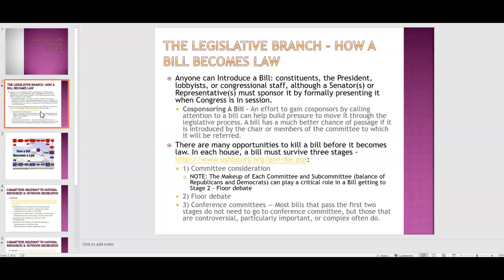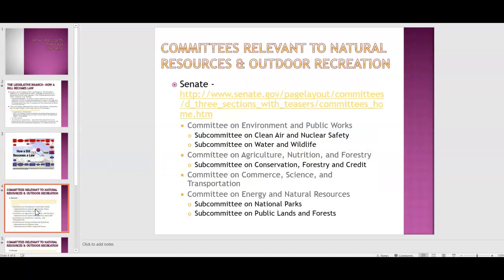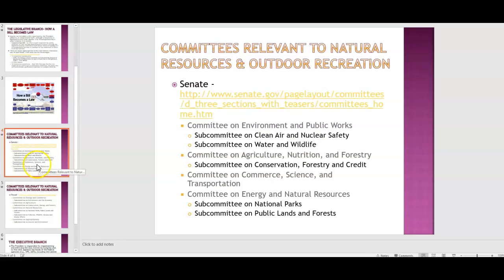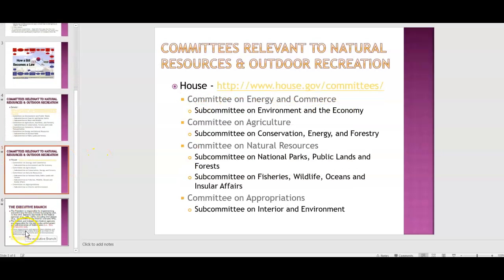We're not going to go through all of this, but I have it here. And this is the flow chart. What happens in the Senate is very similar to what happens in the House, just slightly different. And then these are those committees that I was talking about. These are committees for the Senate and committees for the House.